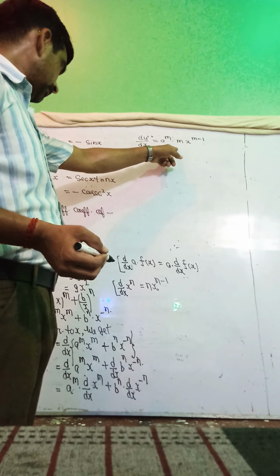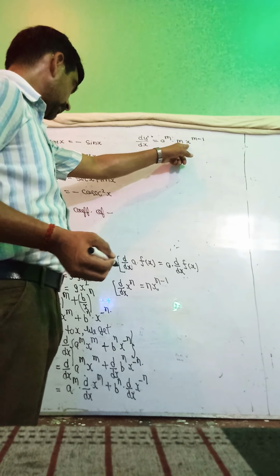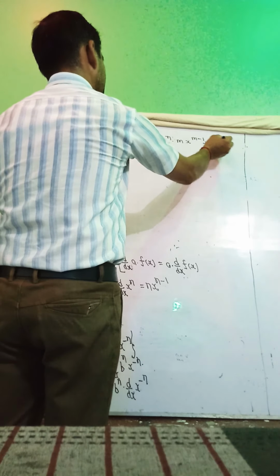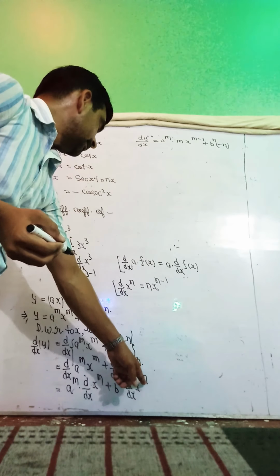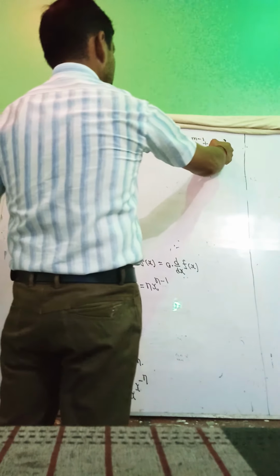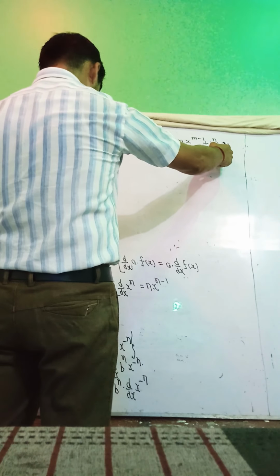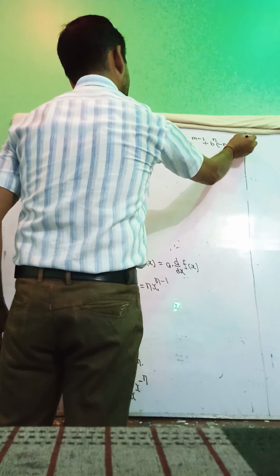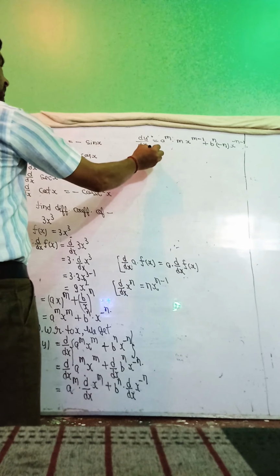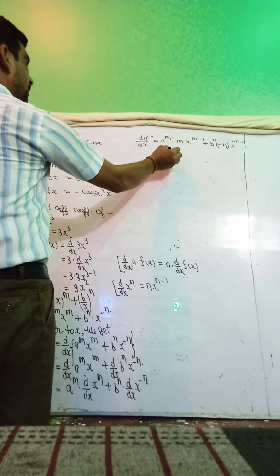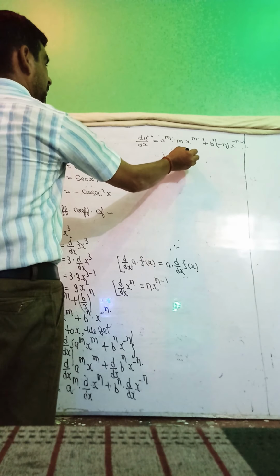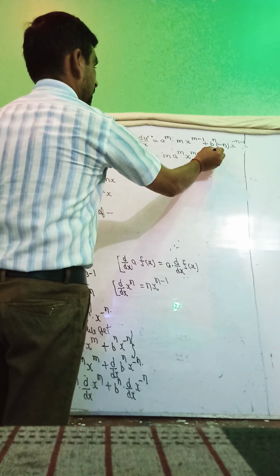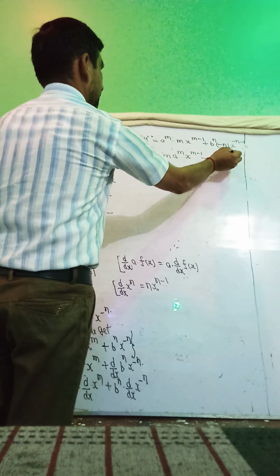So here x power m is m into x power m minus 1 plus b power n into minus n, because here n is negative, so write here minus n, x power minus n minus 1 is equal to m a power m x power m minus 1 minus n b power n x power minus n minus 1.